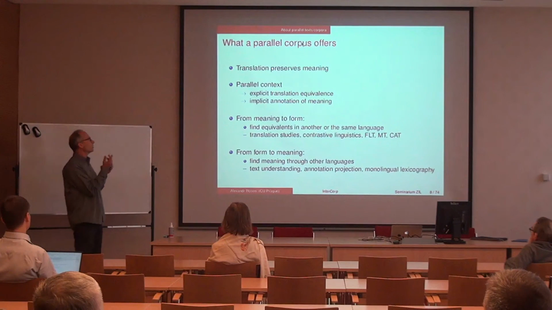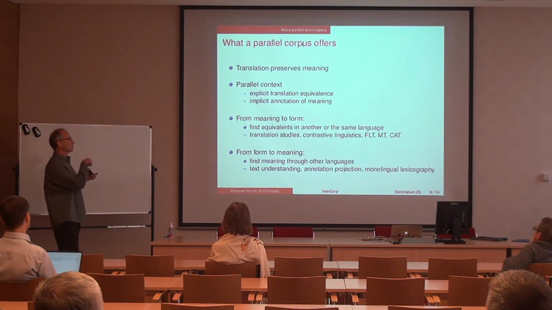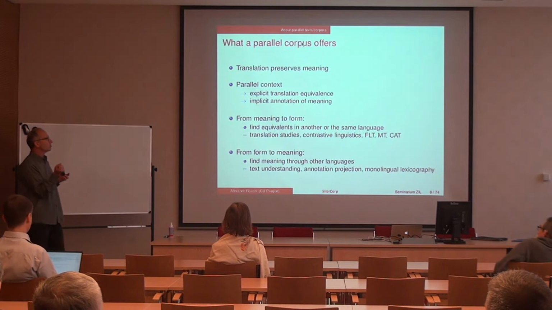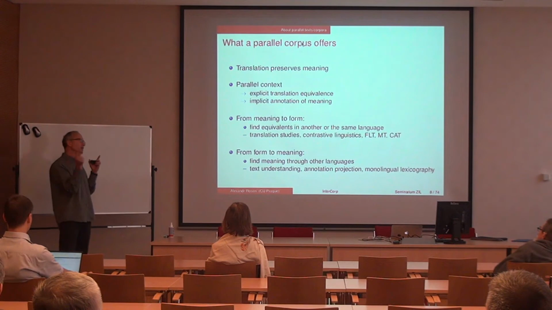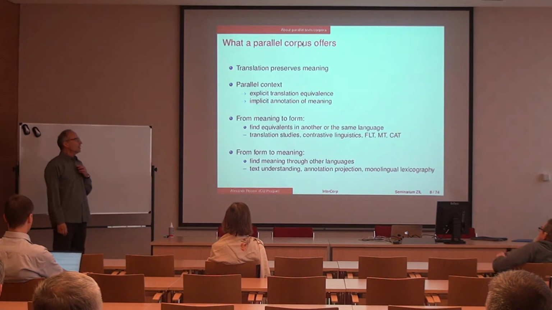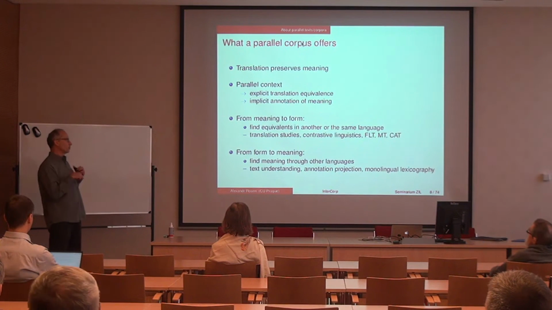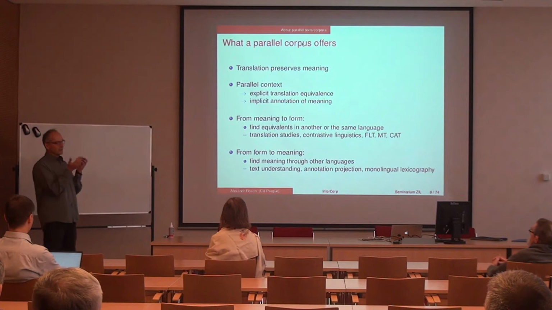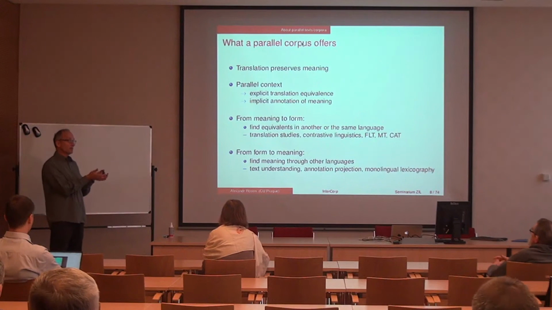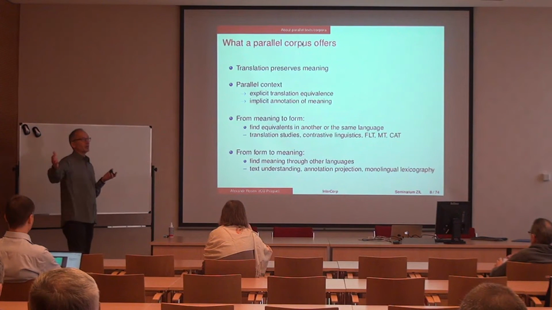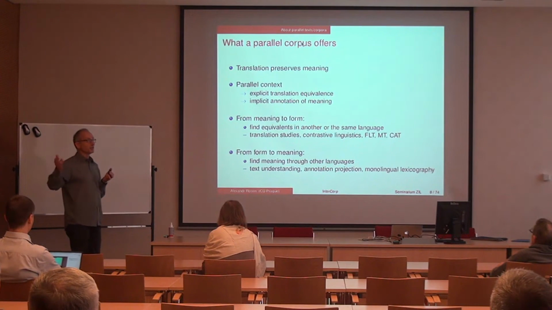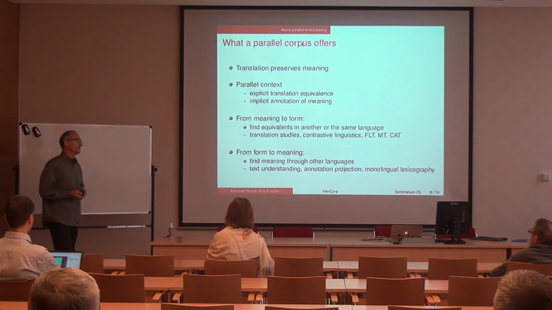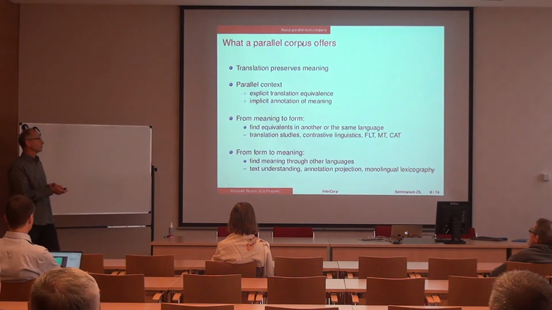So you can go in two ways. You can go from meaning to form. That means you use that meaning equivalence and find the equivalence in another or the same language. Or you can go from form to meaning, and if you don't know the meaning of something in your language, you can look at some other language and see, aha, it is this meaning. So you can go both ways.